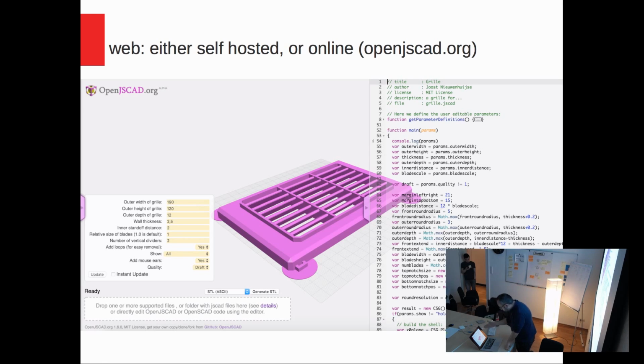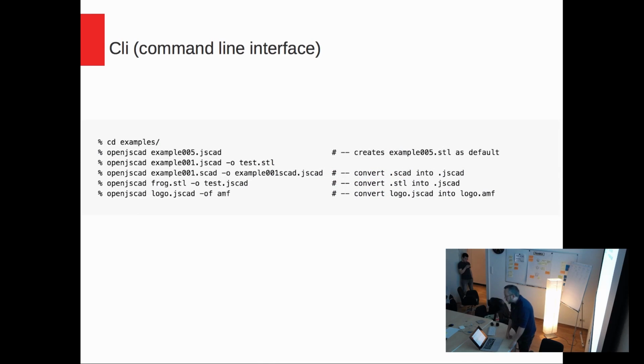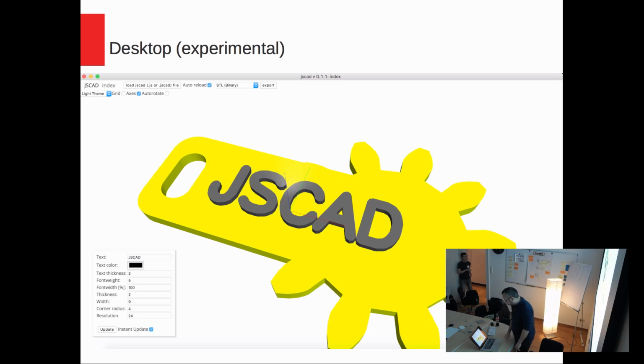And as you can see, this is just designed with all the parameters, with a bit older code, still vars everywhere. You also have a command line using Node.js, where you can pass your script, and it outputs various files that you can then print or do whatever with.